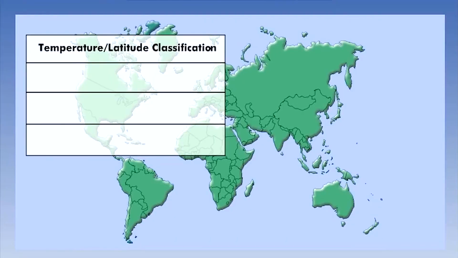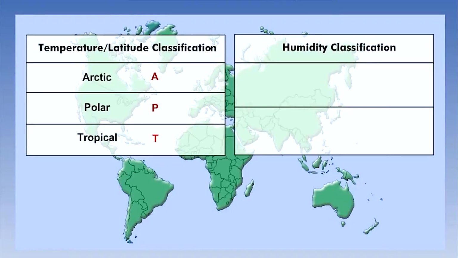When considering temperature, we have three classifications: Arctic, polar and tropical. Although note that Arctic is really a more extreme example of polar. For humidity we have two categories, maritime and continental.